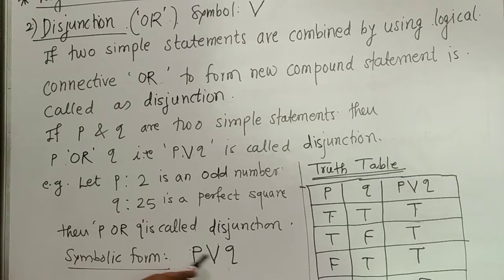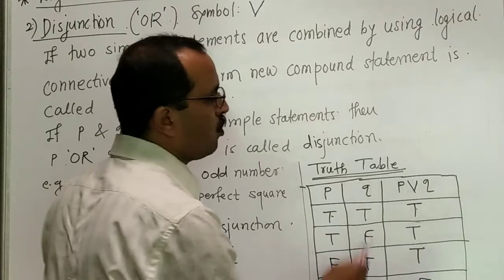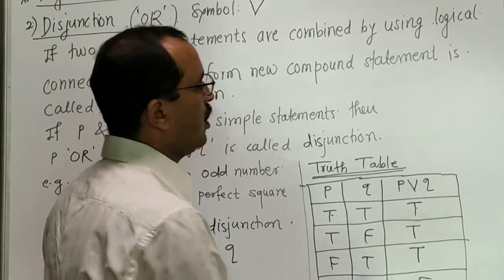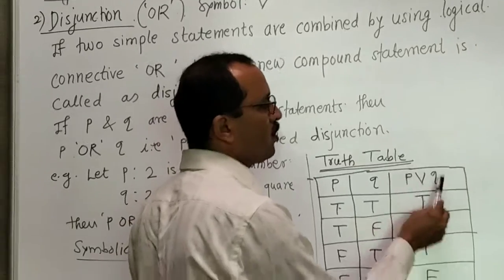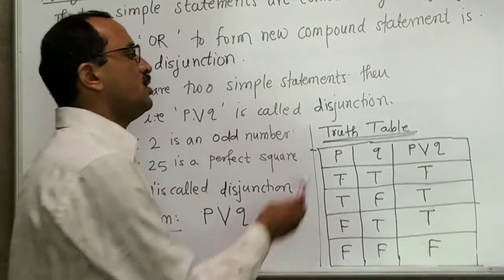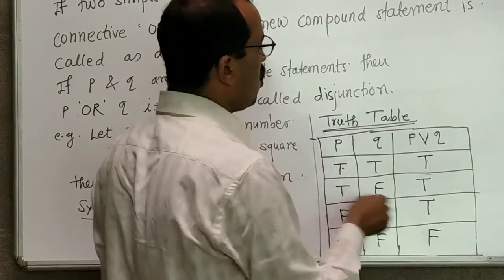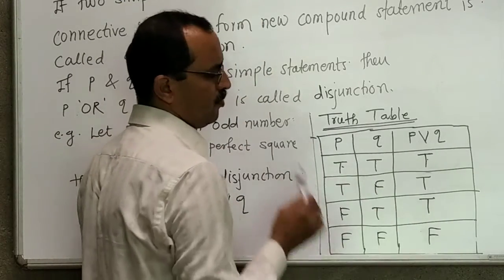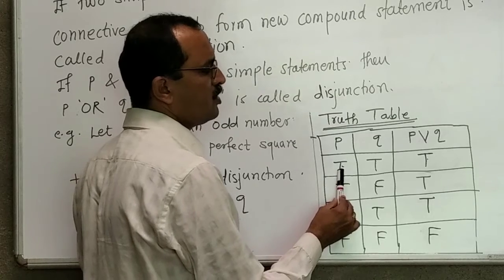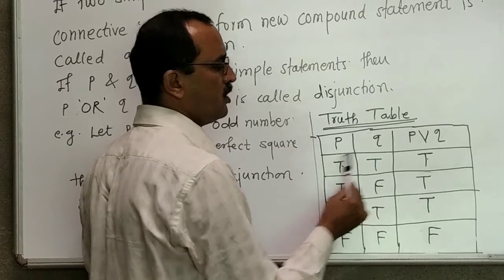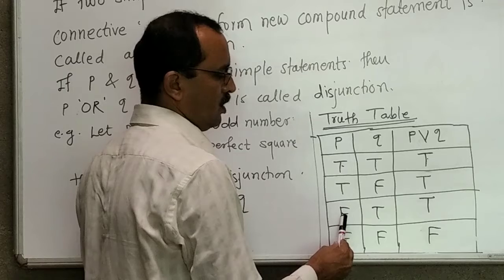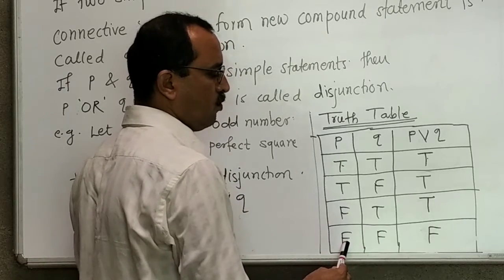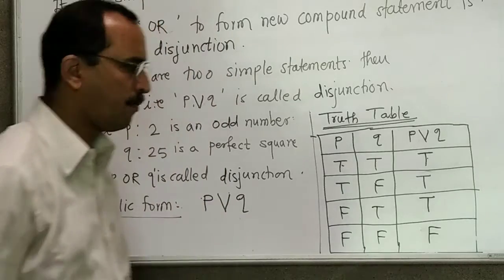Here also there are two statements, so there are four possibilities. P, Q are two statements and the resultant is P or Q. The truth table possibilities are TT, then TF, then FT, and the fourth possibility is FF.